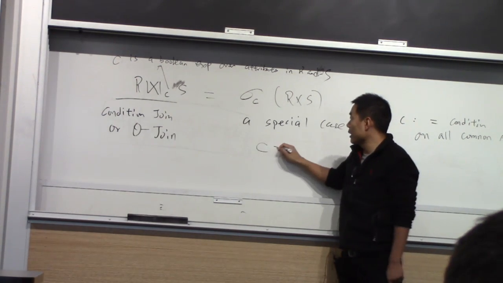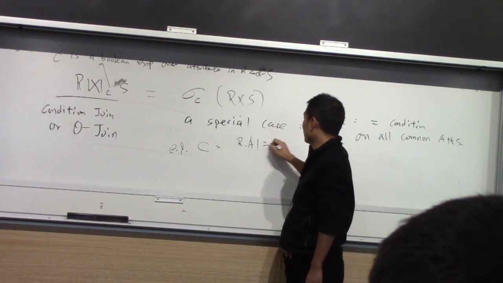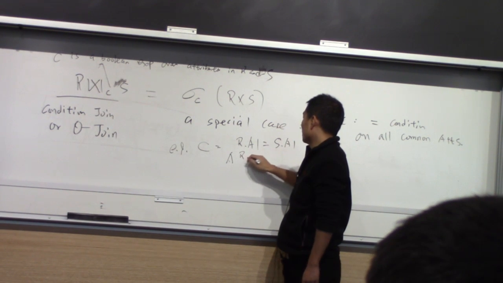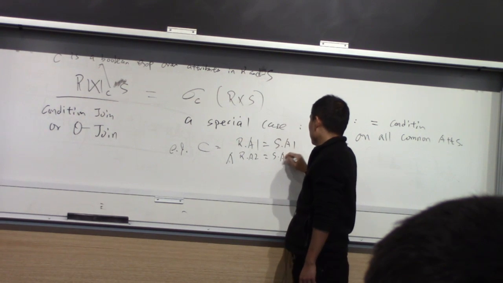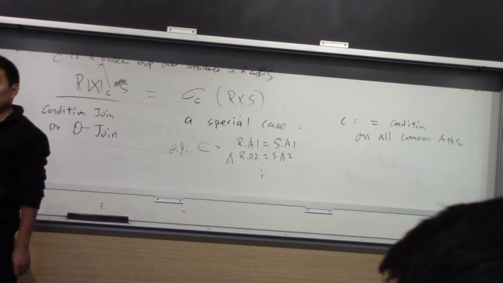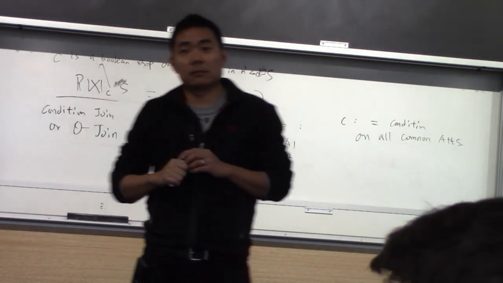Condition C, for example, is essentially R.A1 equal to S.A1 and R.A2 equal to S.A2, and so on and so forth, for all those attributes that appear in natural join. Are they the same?